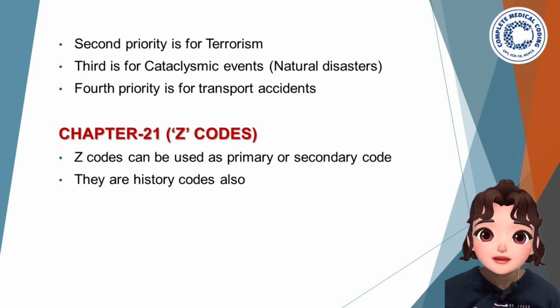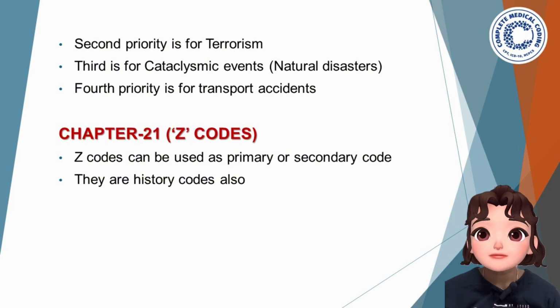Code the priority first. And this is the order. First one is abuse codes, child or adult. Second priority is terrorism. Third one is cataclysmic or natural disasters. And fourth one is the transport accidents. Okay. So that's it for chapter 20.